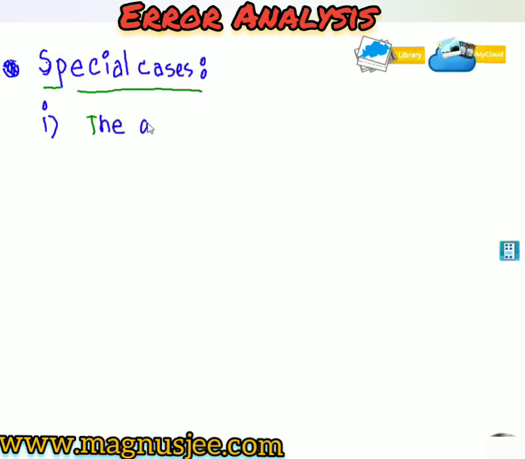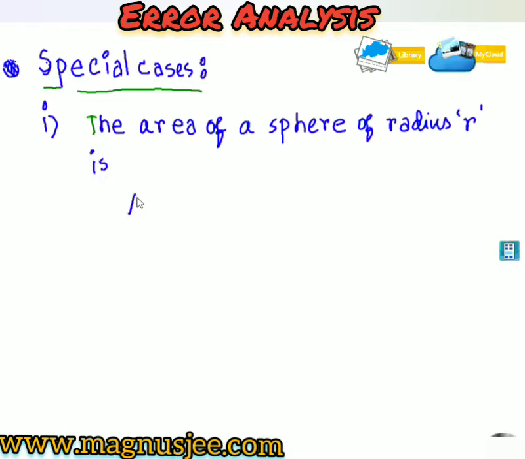Number 1, the area of a sphere of radius r is given by A equals 4 pi r square. 4 pi is the constant.